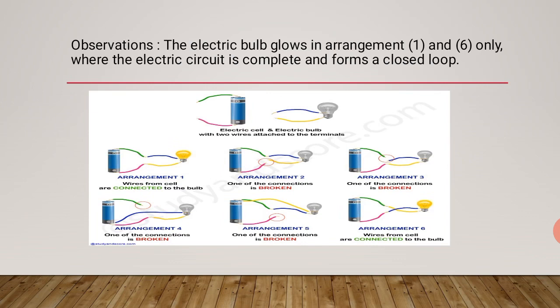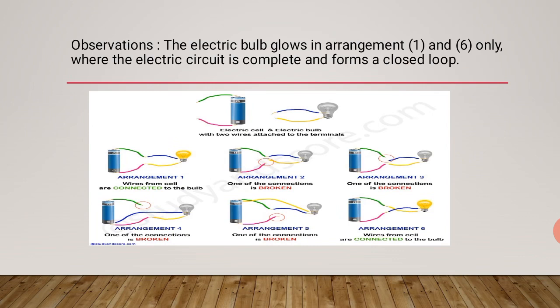Next, see arrangement 2. Here the positive terminal of the cell is connected to the bulb but the negative terminal of the cell is not connected. So it shows that the circuit is open. I have already told that in an open circuit electric current will not flow and the bulb remains off.